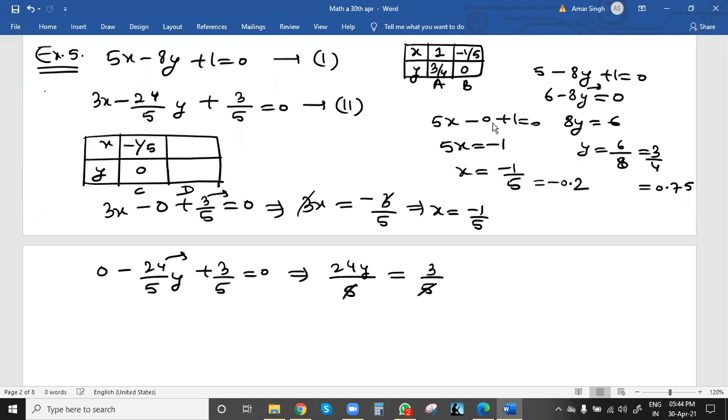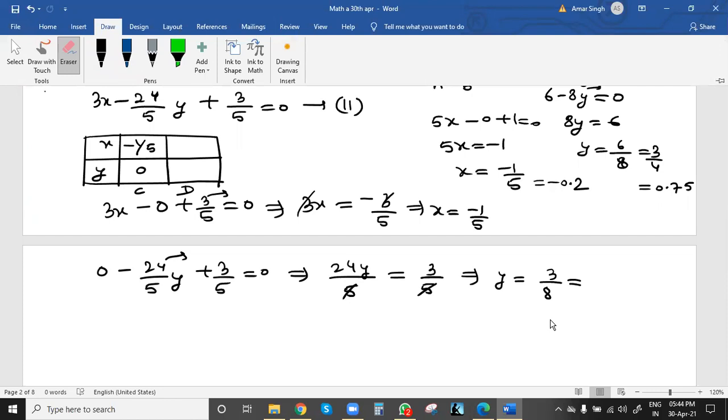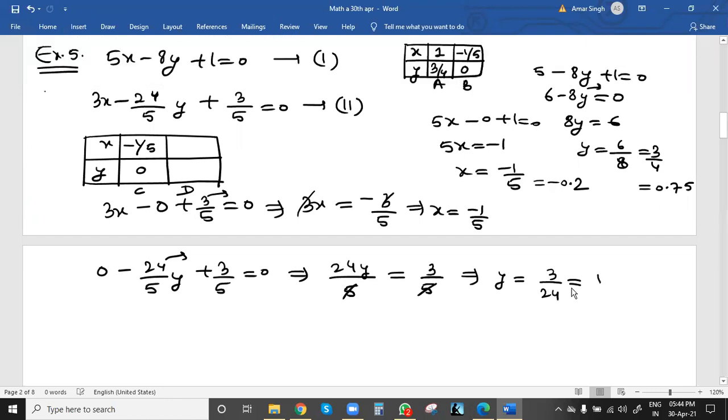The 5 cancels, so y is 3 by 24, which is equal to 1 by 8. So when x is 0, y will be 1 by 8.